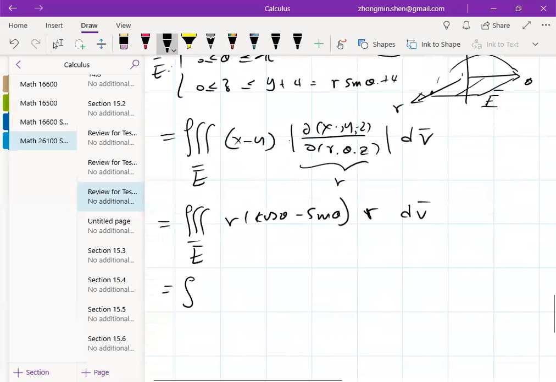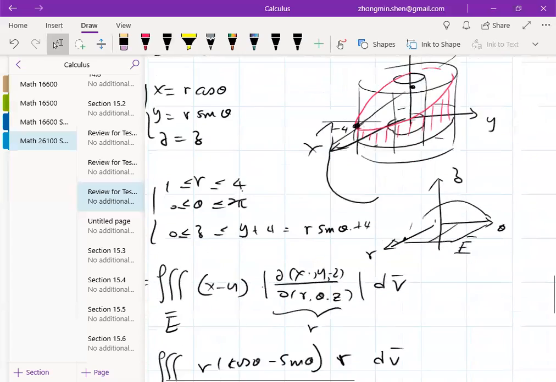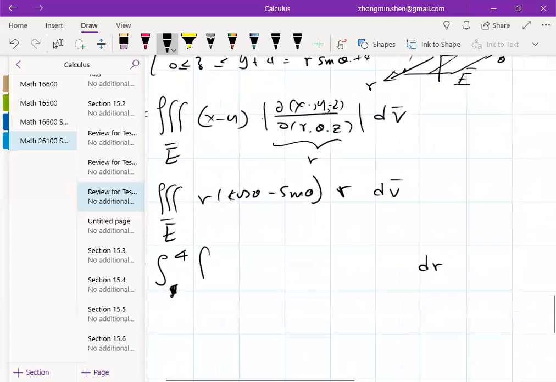R is from 1 to 4, theta from 0 to 2 pi, and for each r and theta, z is from 0 to r sine theta plus 4.